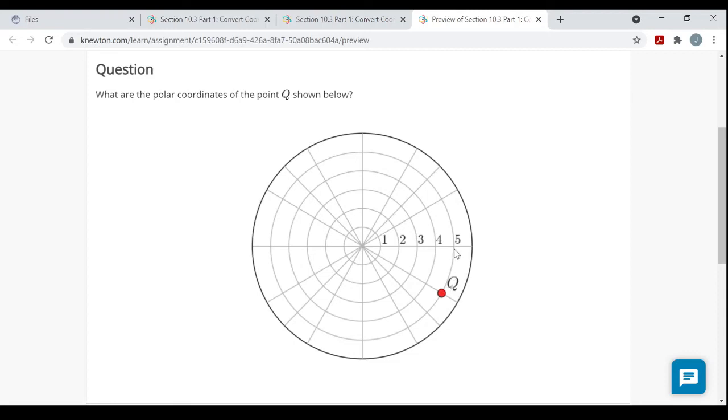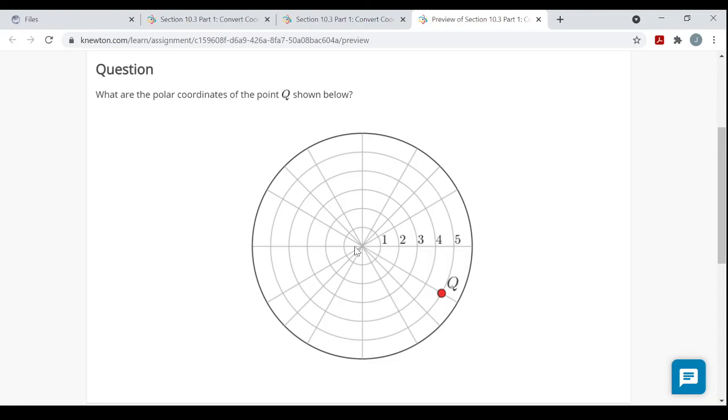So I could do this. I could go r is 5, and then I would travel clockwise to get to Q, so a negative angle, that'd be negative pi over 6. So positive 5 for r, and then negative pi over 6 for theta. Or if I add 2 pi to this, go positive 5 for r, and then that's all the way around to 11 pi over 6.